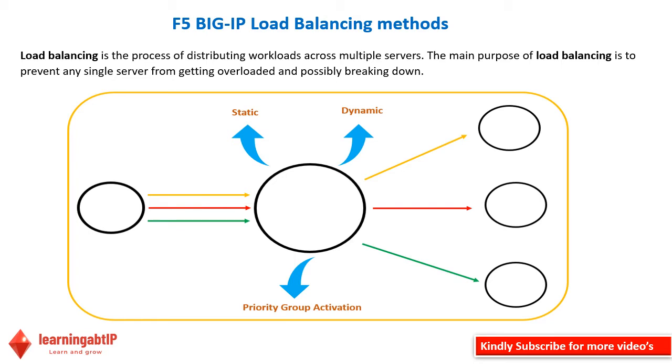As we all know, there are three types of load balancing methods. One is static, one is dynamic, and the third one is priority group activation. So let's start discussing these three load balancing methods.